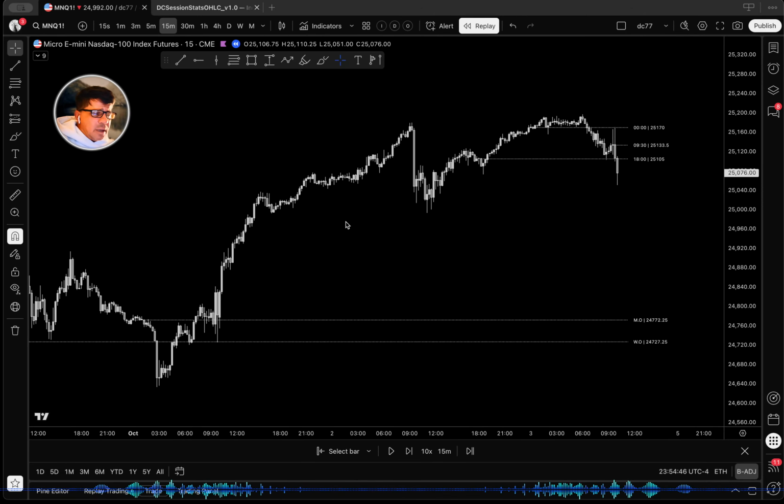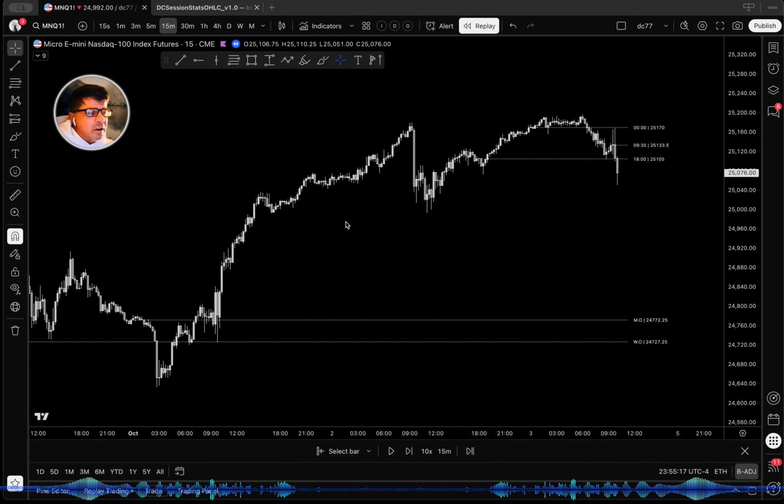This model that I have developed over the past 9-10 months is solely using those levels for bias. We're taking current price relative to Globex open, midnight open, 930 open, 945 open.